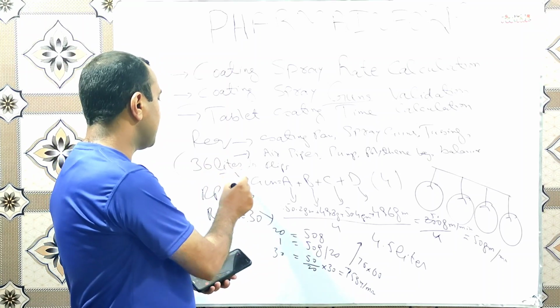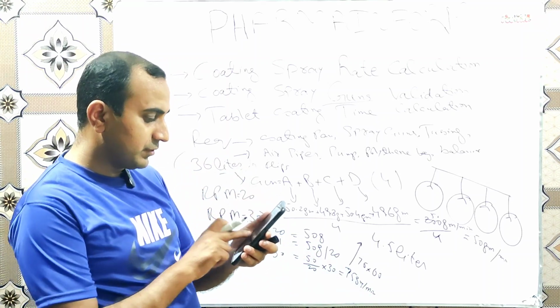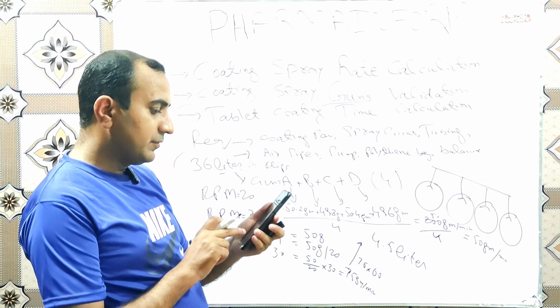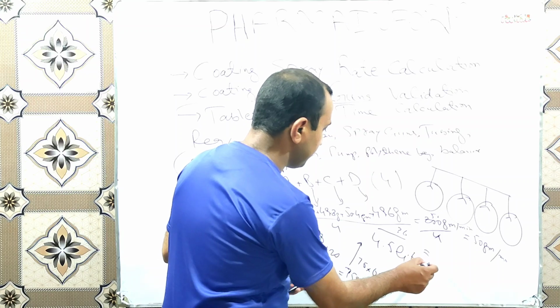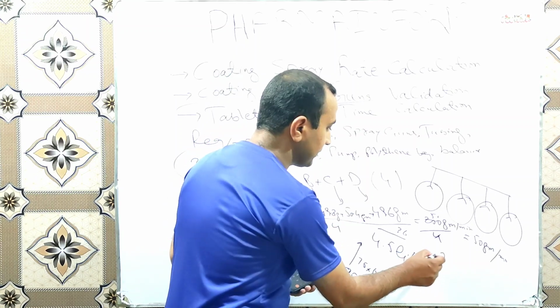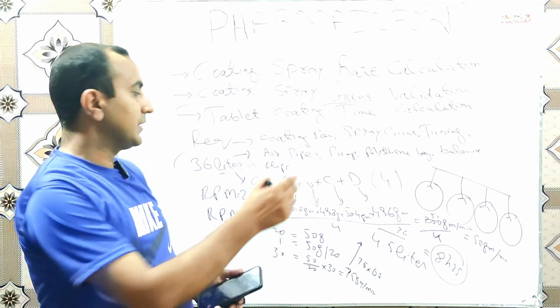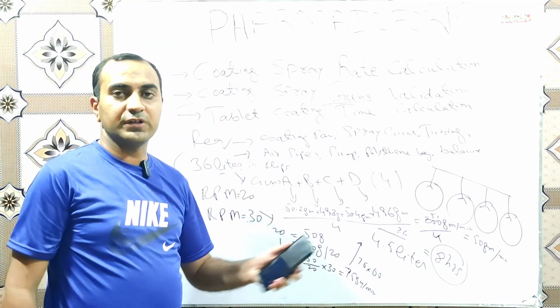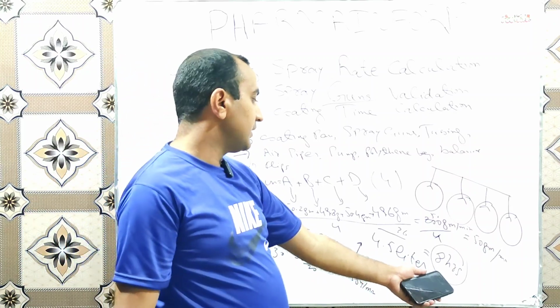So in how many hours will 36 liters be finished? Simply 36 divided by 4.5, the answer is 8 hours. So from this calculation we can easily and theoretically calculate our coating spray time, and it will be 8 hours at 30 RPM.